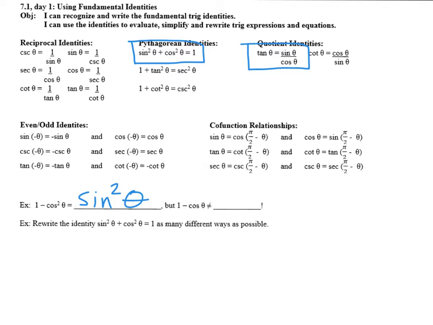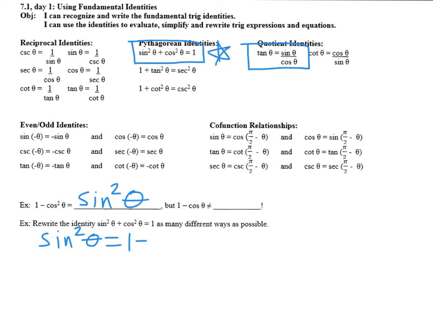In a minute I'll rewrite that Pythagorean identity in as many ways as possible. Right now, I'll jump ahead and say that if we wanted to use one of these to make a substitution in a trig expression, which we'll get to on the next slide, you could use the original form, which is right here.